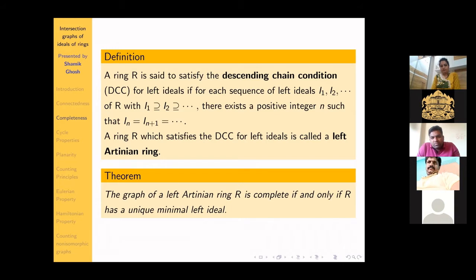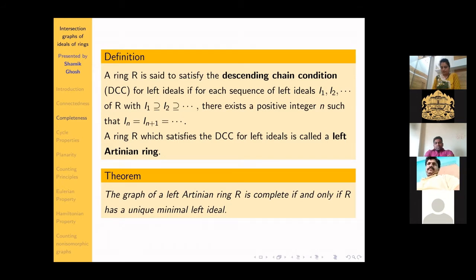So suppose we consider a left Artinian ring. The result is that for a left Artinian ring, its graph is complete if and only if R has a unique minimal left ideal. In connectedness, you can remember the result was that all the ideals are minimal left ideals.